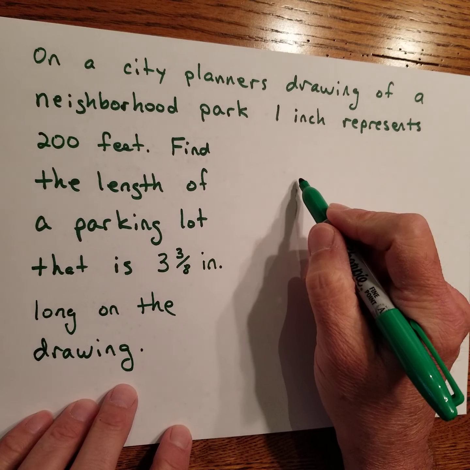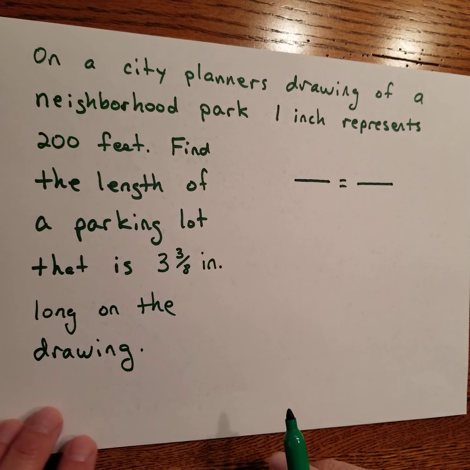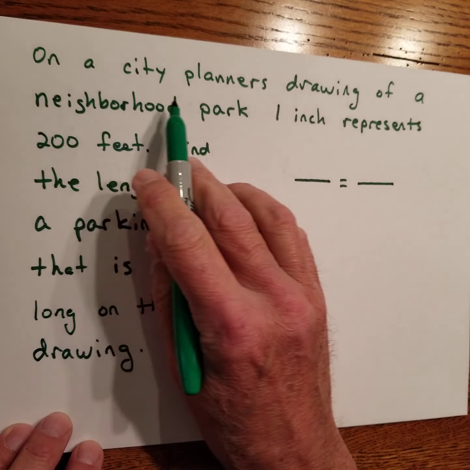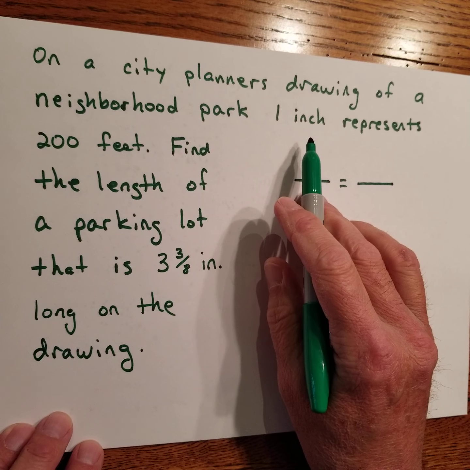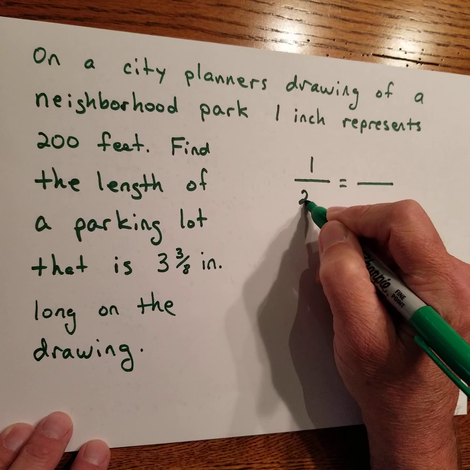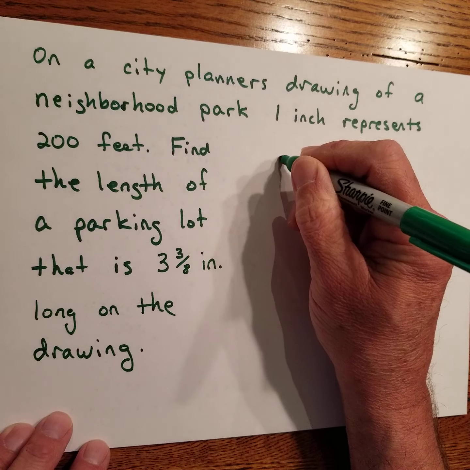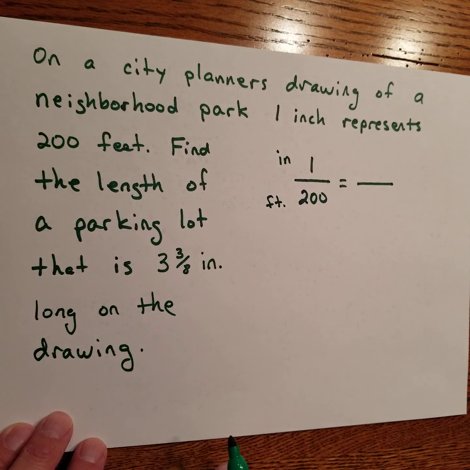Let's get our proportion ready. Now read carefully. On a city planner's drawing of a neighborhood park, 1 inch represents 200 feet. Let's label. 1 inch represents 200 feet.